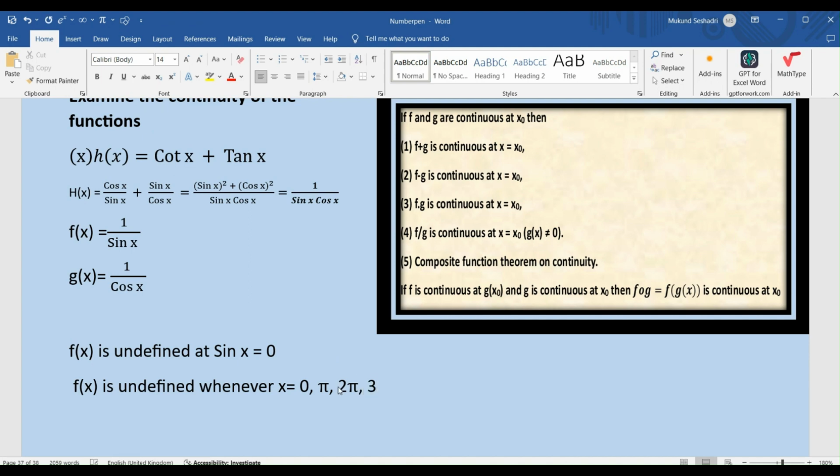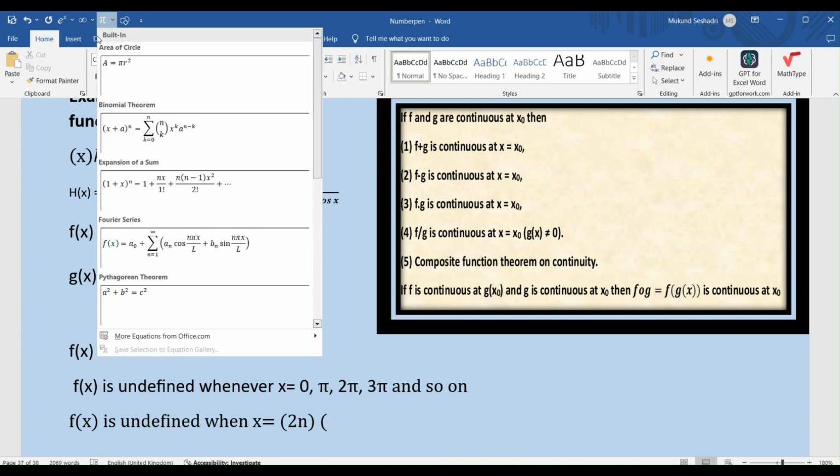And similarly, when you actually write this down, you will note that so on. And you might want to generalize it as f of x is undefined when x equals 2n times pi by 2, right?